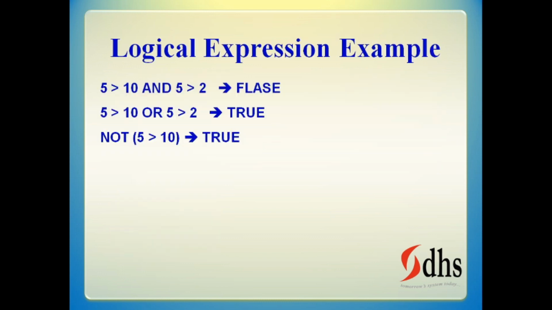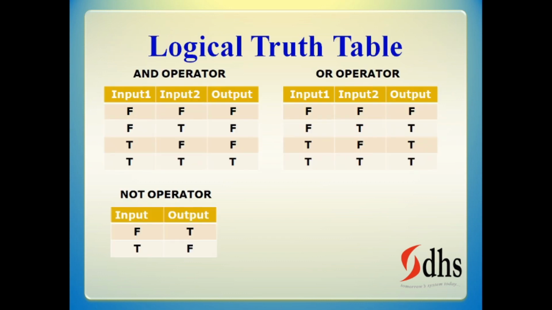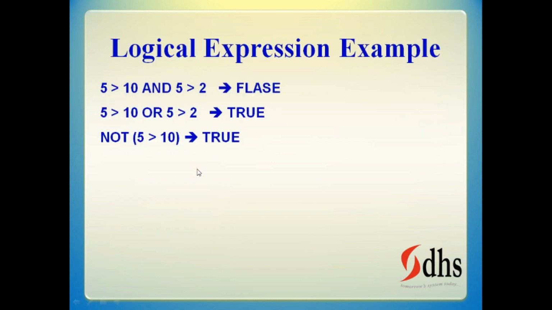Now we can see the examples. 5 is greater than 10 and 5 is greater than 2. Here 5 is greater than 10 gives false. 5 is greater than 2 gives true. Going back to the truth table, false and true gives false in an AND operator, so it will be false. If any one condition is false, the output will be false in an AND operator.